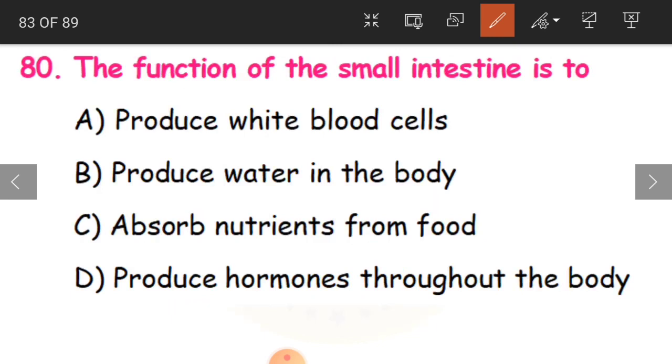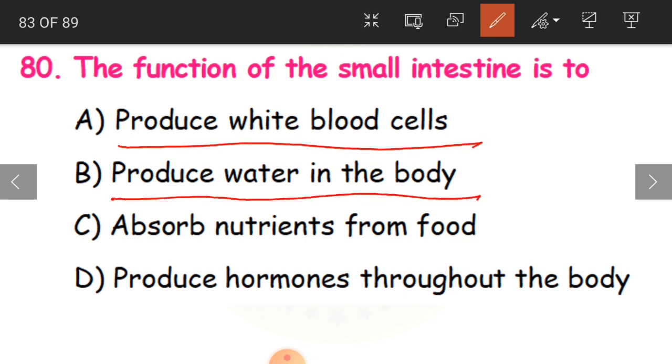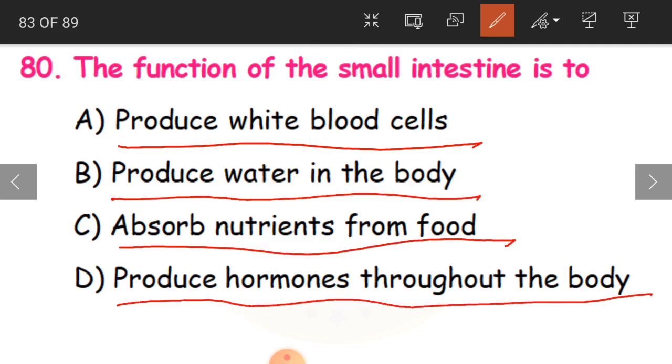80th question. The function of the small intestine is to. What does the small intestine do? It produces white blood cells, produces water in the body, absorbs nutrients from food, or produces hormones throughout the body.